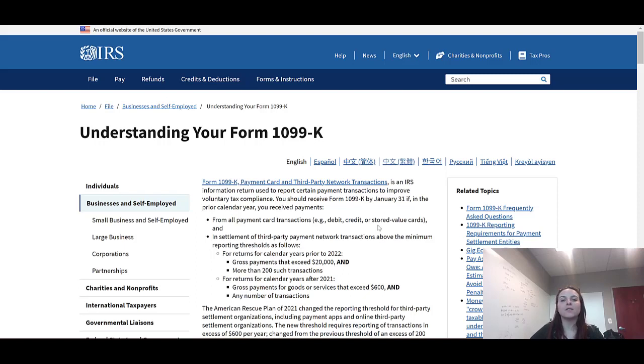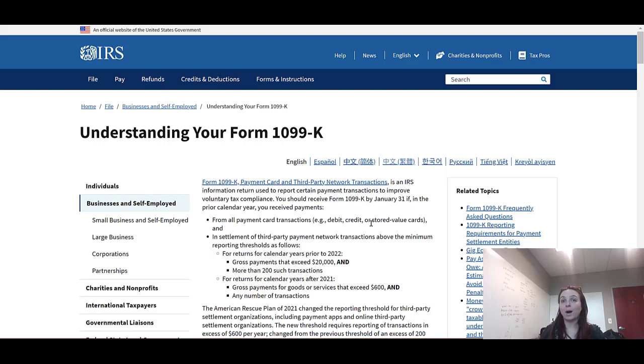If you have paid via a credit card, you will not put that amount on a 1099 NEC or 1099 miscellaneous, okay? If you have paid via a bank transfer, but you did it through PayPal, Square, Stripe, QuickBooks, those count towards the 1099-K, all right?